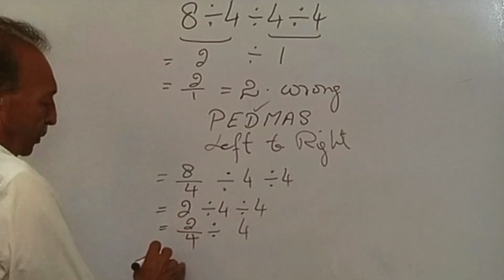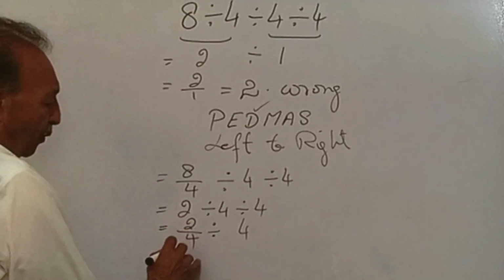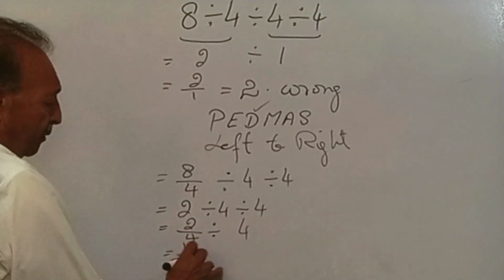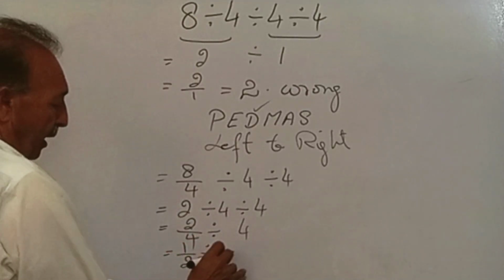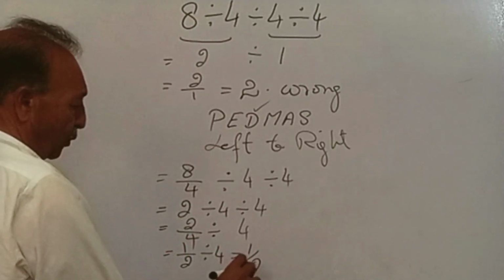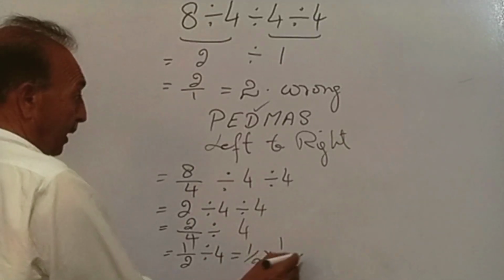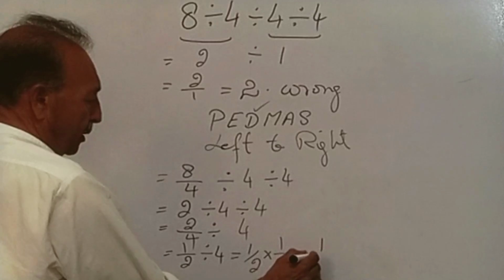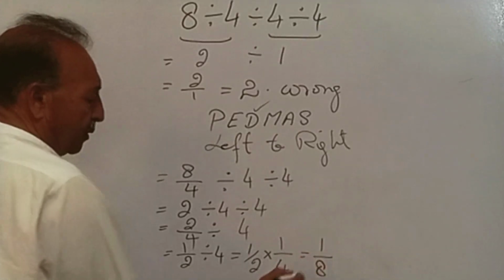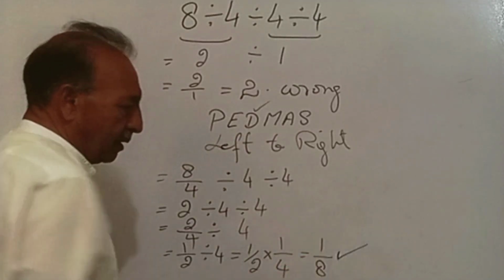This becomes 2 divided by 4, 1 over 2, and divided by 4. And this will come 1 over 2 multiplied by 1 over 4. And this is equal to 1 over 8, which is the correct answer.